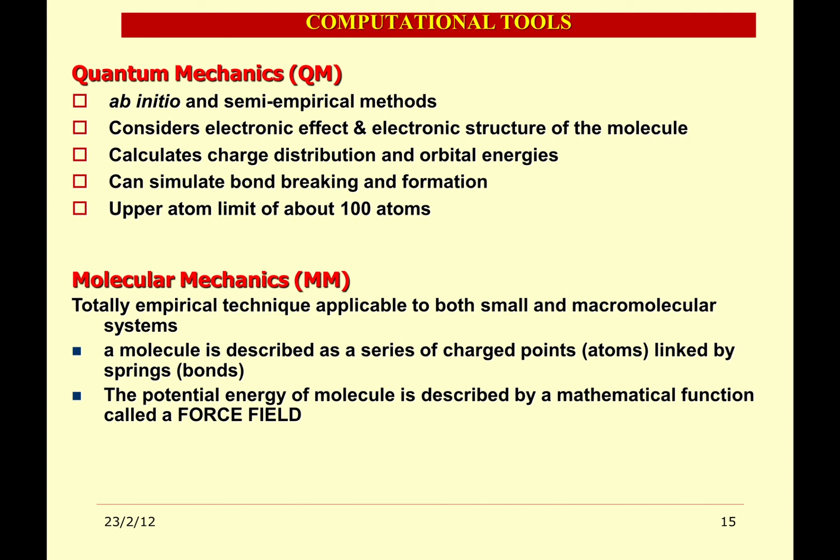Some values of bond energies and bond lengths and other things are directly picked up from databases. A molecule is described as a series of charge points, atoms linked by springs, like a ball and stick, but the sticks are like springs, flexible bonds. And the potential energy of the molecule is described by a mathematical function called a force field.